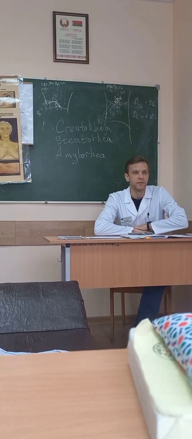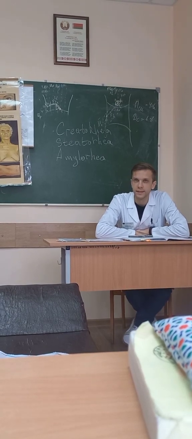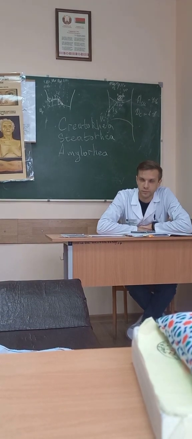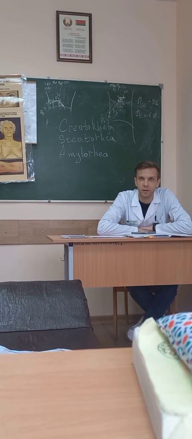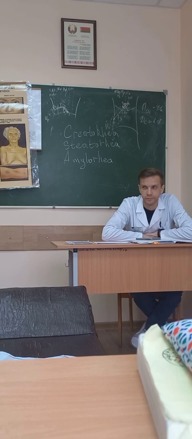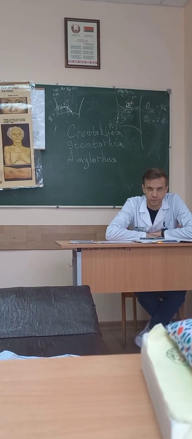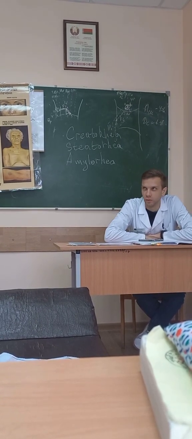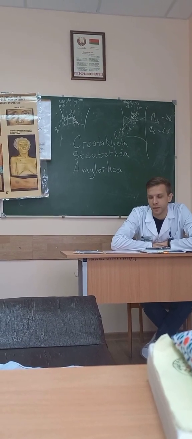Next disease which we can find is bleeding. Bleedings could be of three types. It could be upper bleeding, lower bleeding, and rectal one. Upper bleeding is bleeding from the stomach or duodenum due to ulcer of stomach, ulcer of duodenum, or bleeding from the esophageal veins.